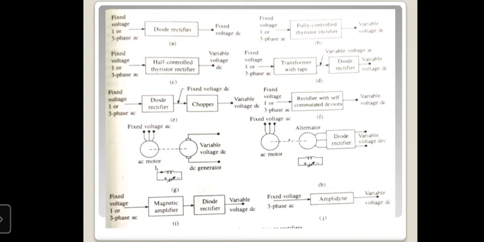We can use first a diode rectifier and then a chopper. Then the fixed AC voltage is converted into variable DC. Or we can also use a fully controlled rectifier. So like that we can change the voltage from one type to another type.